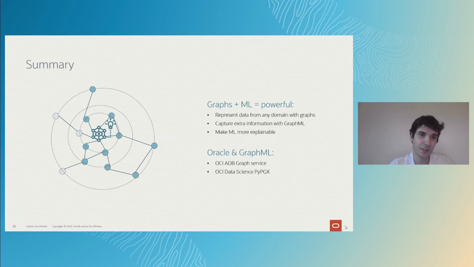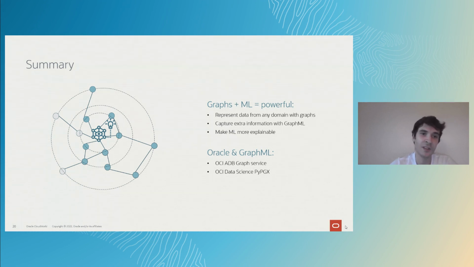All right, I'm reaching the summary now. I hope I convinced you that graphs and ML are more powerful together. Graph is a very good data model to represent any kind of data. You can connect different entities with relationships as edges. And by modeling this as a graph, you can extract the relationships that matter for your machine learning task. There are dedicated graph machine learning models that leverage all this information in the graph.